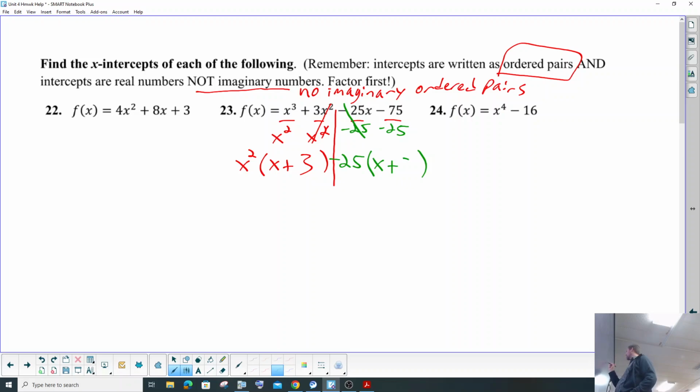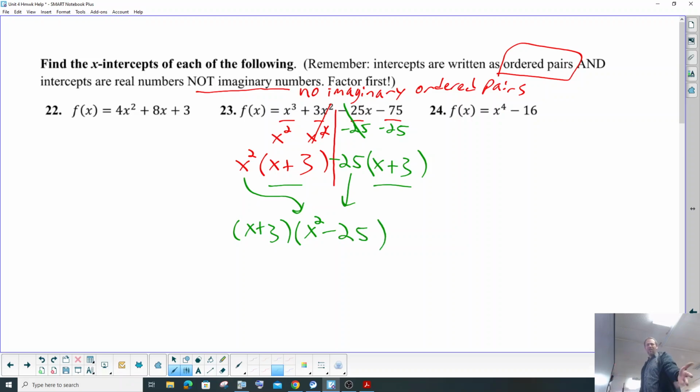Negative is a positive, so plus 3. Wayo! So now we have an x plus 3 as one of our factors, and whatever's left is our other factor. Okay, there we go.